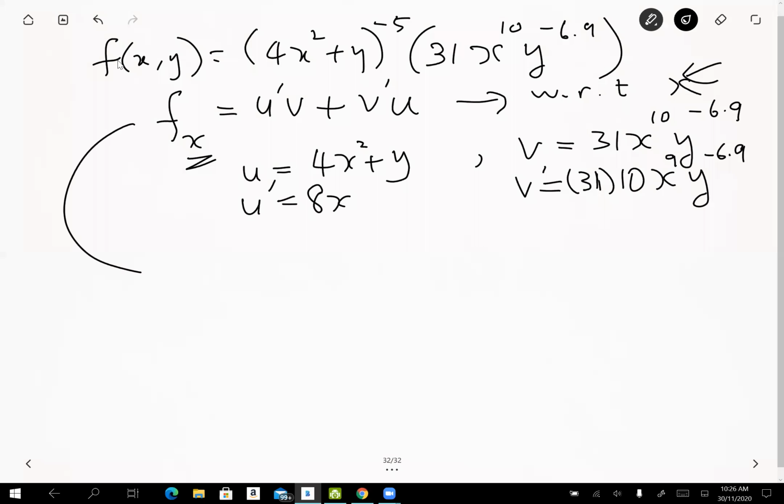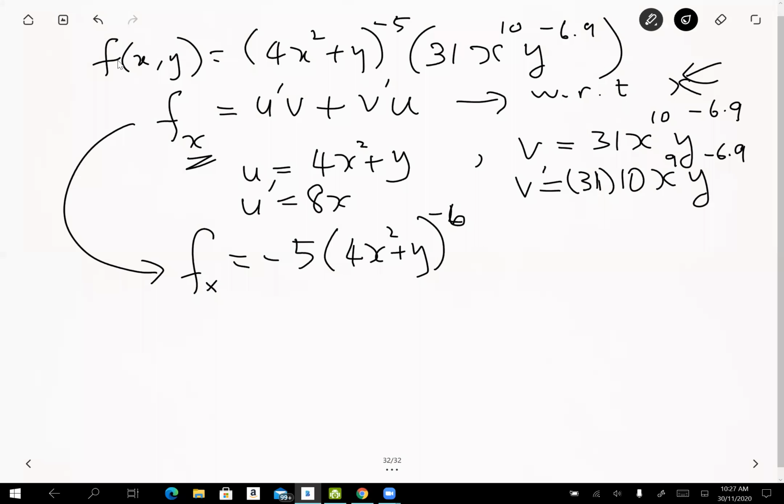So put into the formula, you get fx equal to u prime v. Now you remember how to do the u prime? You take down the power, multiplied by everything in the bracket, reduce the power by 1, multiplied by u prime.